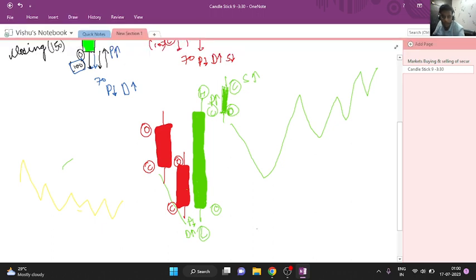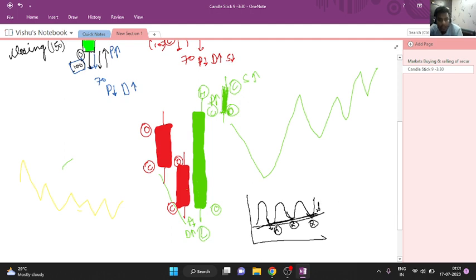Here you go. So suppose this is a chart where the prices are up, down, up, down, up, down, up, down. But if we see that prices are not going lower than this, not going lower than this, not going lower than this, and this is very consistent. This is support.